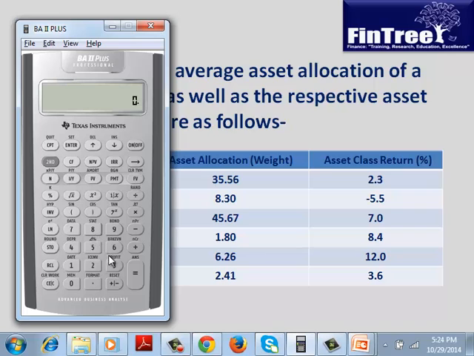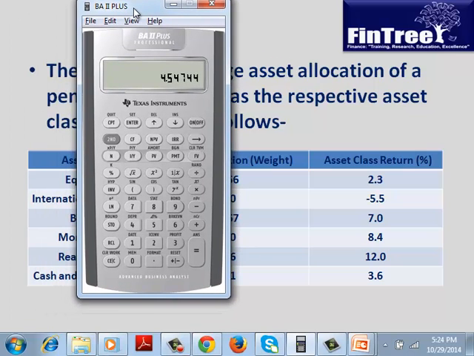Doing it again. 2.3 into 0.3556 plus bracket open negative 5.5 into 0.0830 bracket close plus bracket open 7 into 0.4567 bracket close plus bracket open 8.4 into 0.0180 bracket close plus bracket open 12 into 0.0626 bracket close plus bracket open 3.6 into 0.0241 bracket close equal to, weighted average would be 4.54.